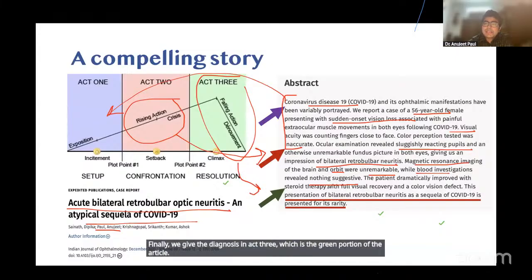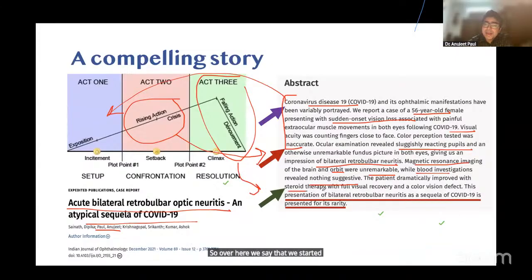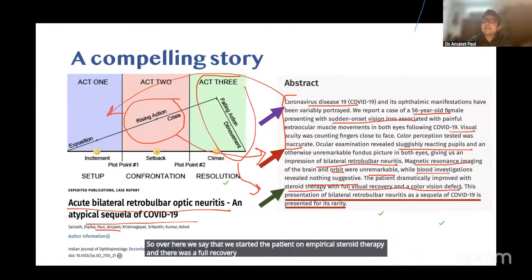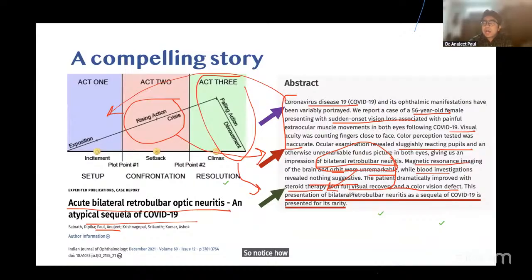Here, we say that we started the patient on empirical steroid therapy and there was a full recovery in vision with a slight color defect. So we clinched our diagnosis that this patient did have bilateral retrobulbar neuritis, which responded to high dose steroid therapy. So notice how the article is structured as a 3-act structure.